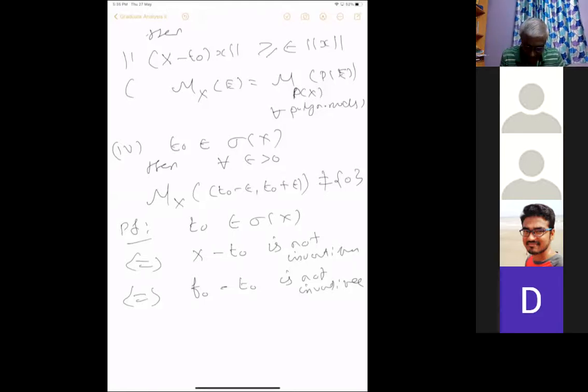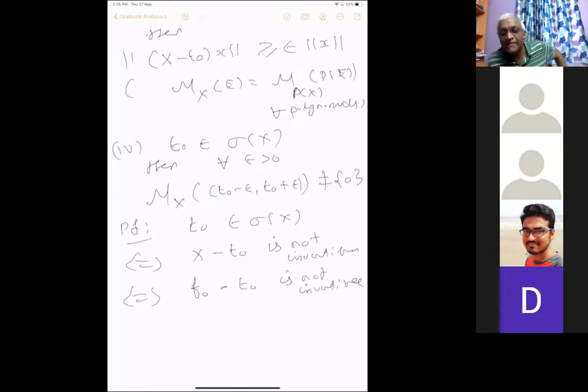That just means that T0 is in the range of f0, so T0 has to be in sigma of x. F0 is just the identity function, so being in the range of f0 means T0 is in sigma of x. That is what it means to be not invertible: you should not be able to define 1 by f naught, which is not possible if f naught minus T0 vanishes.